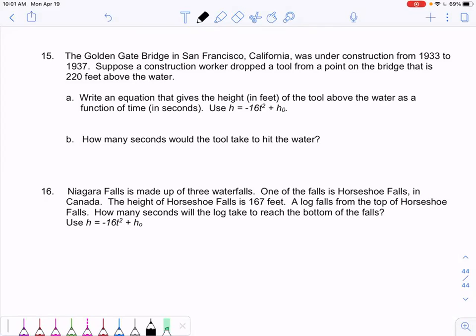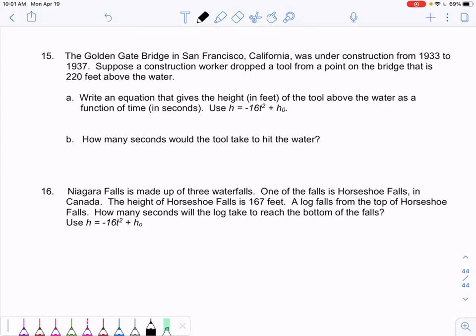Suppose a construction worker dropped the tool from a point on the bridge that is 220 feet above the water. Part A asks us to write an equation that gives the height in feet of the tool above the water as a function of time in seconds.